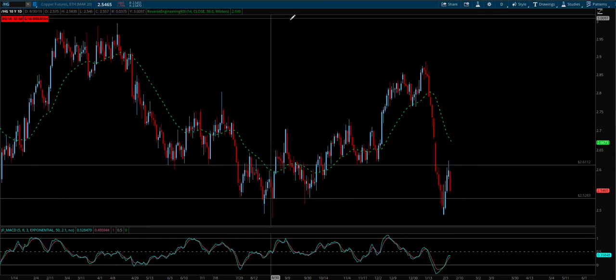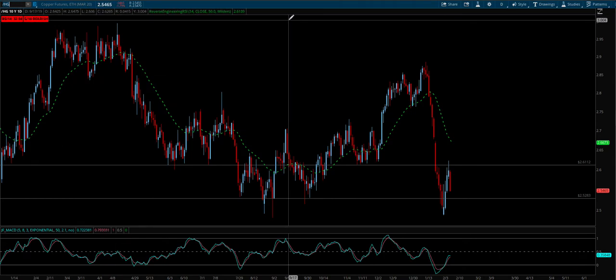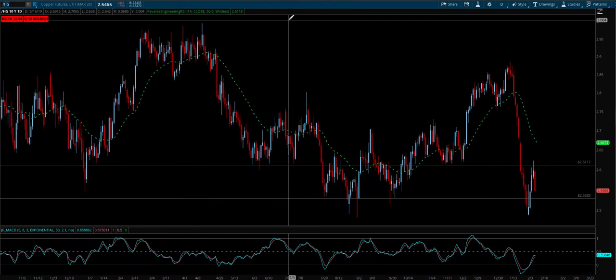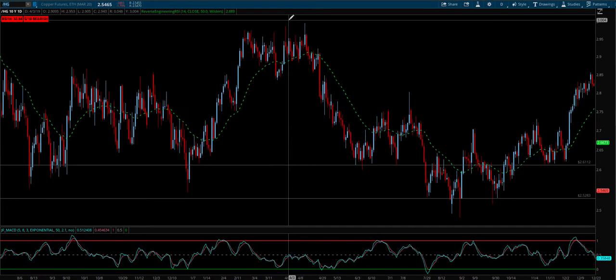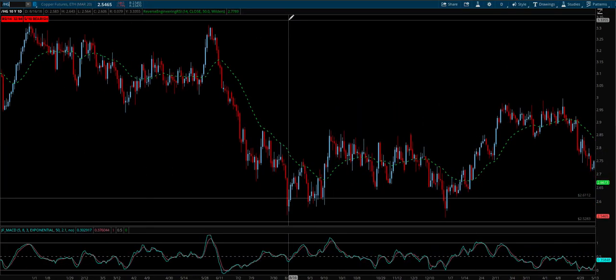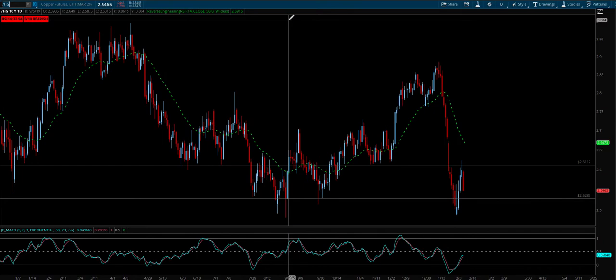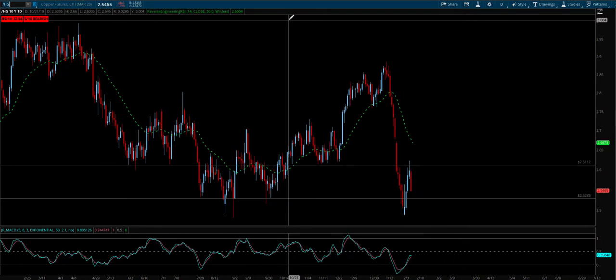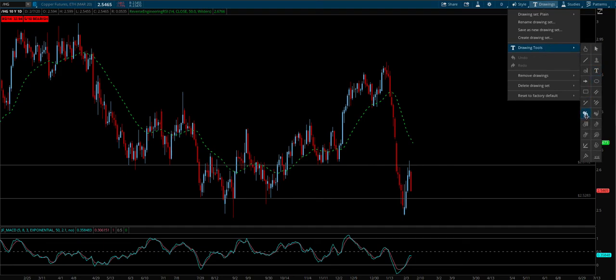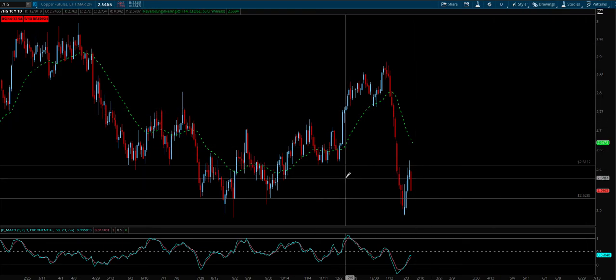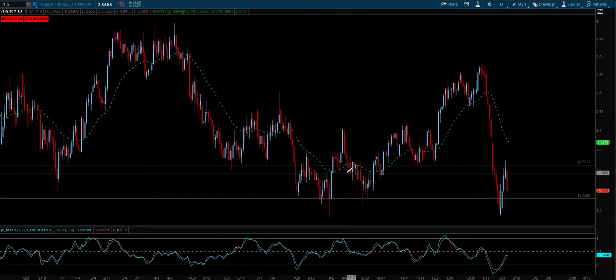Let's look at copper here. Again, just trying to figure out what was going on. And if you take a drawing tool again, get your fib retracement out. Let's see here. Where is this?